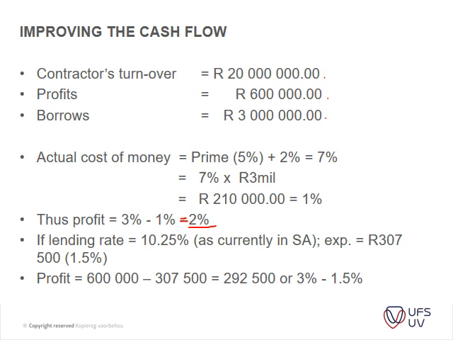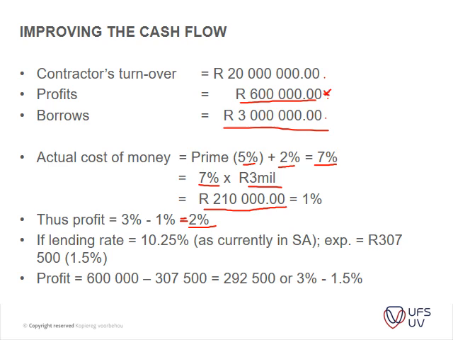Okay, so your estimated profit is 600,000. So you borrowed 3 million. Just a scenario, for instance, if it's a very good lending rate, you've got prime, which is 5% plus 2%, which gives you an interest of 7%. 7% on the 3 million that you have to borrow is 210,000, which is subtracted from your 600,000.